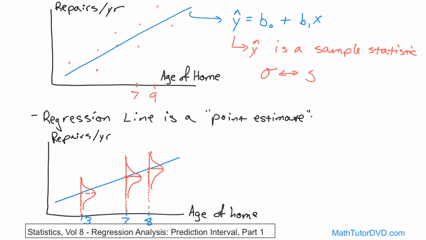So you see there's a normal distribution here, a normal distribution here, a normal distribution here, and basically for every independent variable value, no matter what the age of the house is, if I could know the population data, I should get a normally distributed curve where the maximum hopefully sits on top of my regression line from my sample data, and it tails off as I get farther away in each direction. I think you can understand that some of the 3-year-old homeowners are going to be on the line, some are going to have more repairs, some are going to have fewer repairs, and so on.